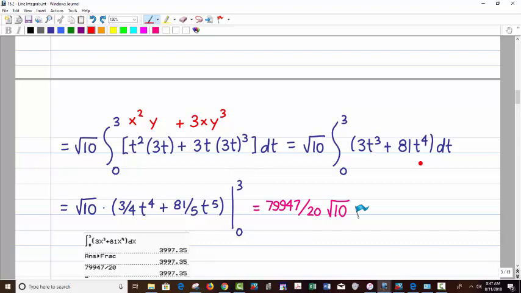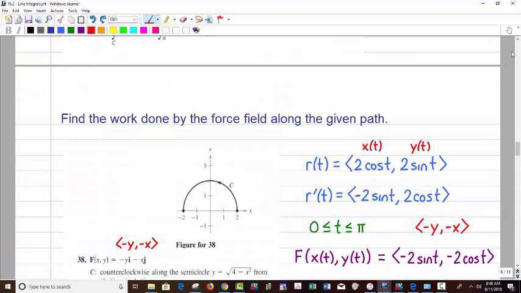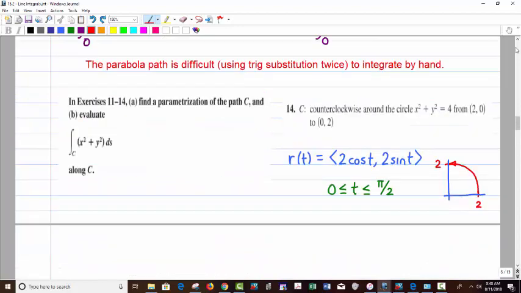It could also be done in a calculator too, but pretty easy. Just integrate them term by term. So that will be 3/4 t to the fourth, and then t to the fourth would be 1/5 t to the fifth. So it's 81 over 5 t to the fifth, times the square root of 10, put in 3, minus put in 0. Kind of get this weird looking answer, but that's all right. Weird's not bad.